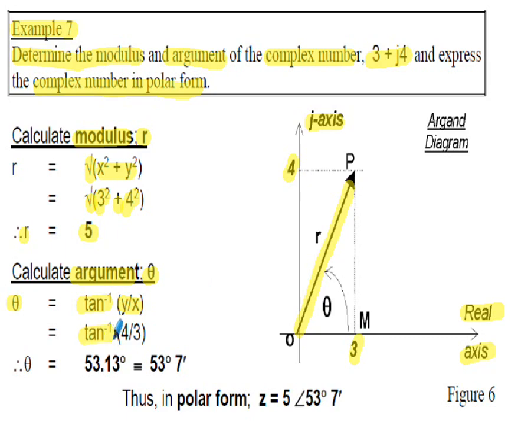In this case, tan to the minus 1 of 4, the opposite side, divided by 3, the adjacent side, gives a value of theta equal to 53.13 degrees, or if you want it in terms of degrees and minutes, 53 degrees and 7 minutes. So the polar form of this complex number 3 plus j4 can be written as z equals 5, argument 53 degrees and 7 minutes.